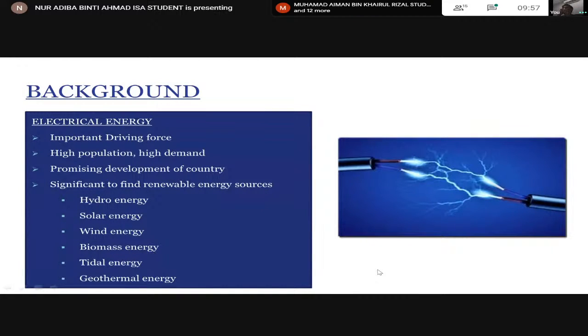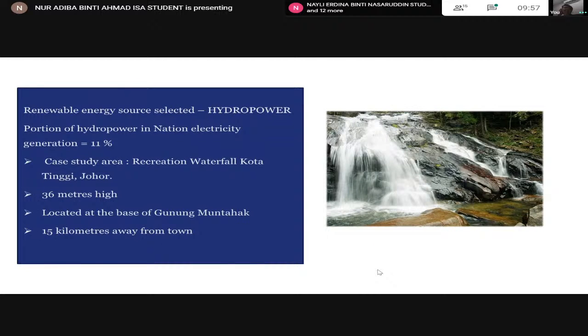But today, my group will be focusing on hydro energy. And why hydro energy? Because the topic we were given is generating electricity from a waterfall. Water is hydro. That is why we selected hydropower.